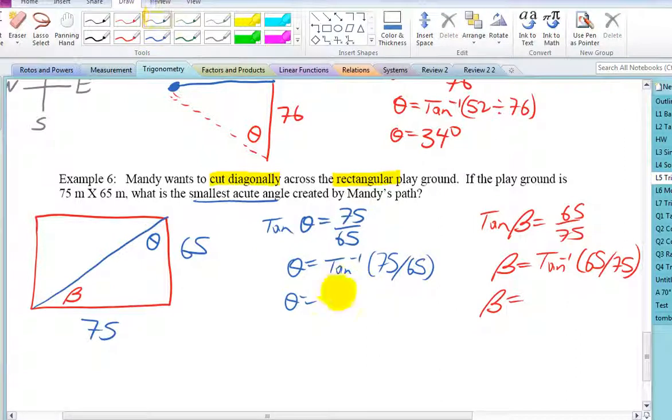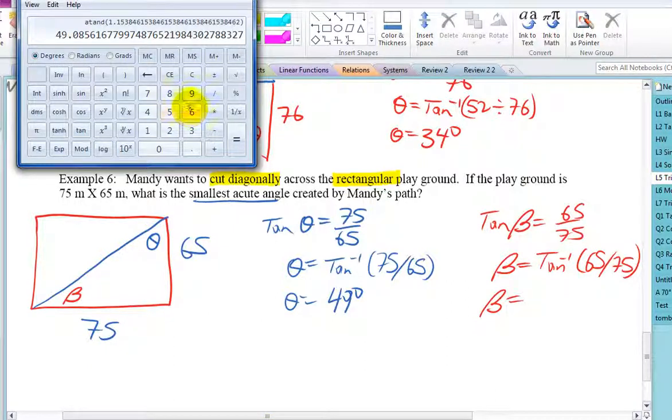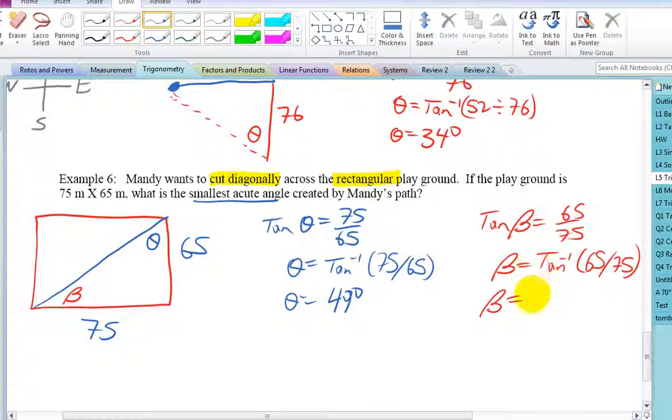I don't know which one I found now. I think it's that one. 41 degrees.